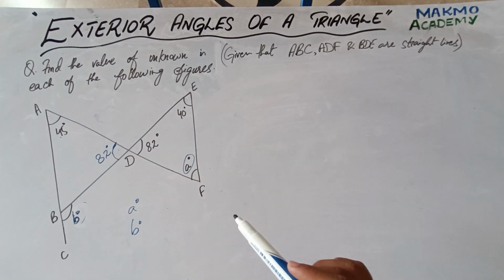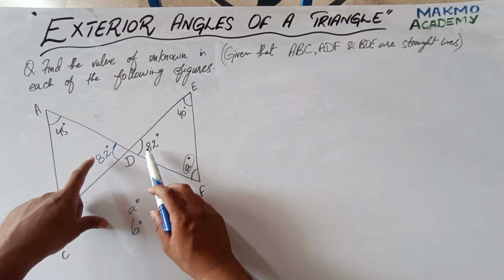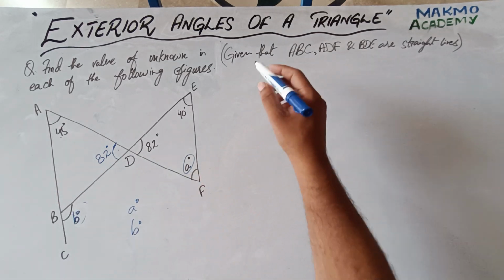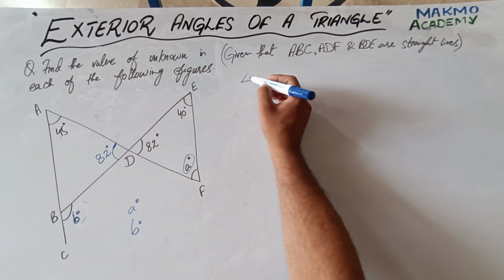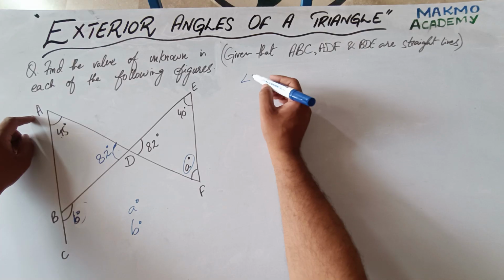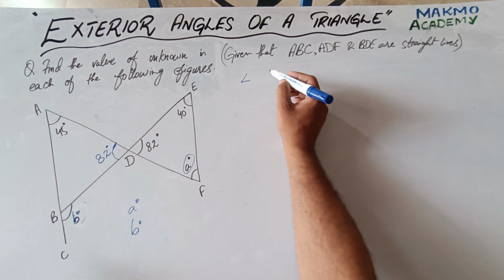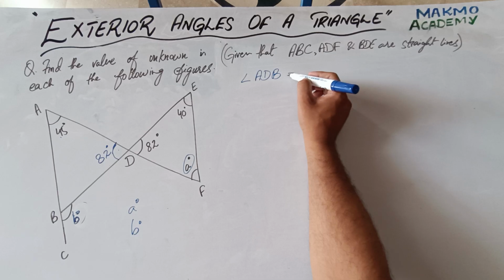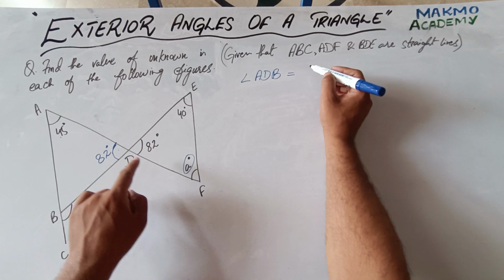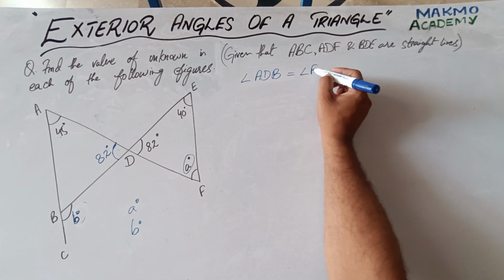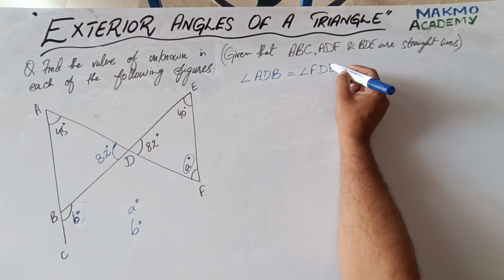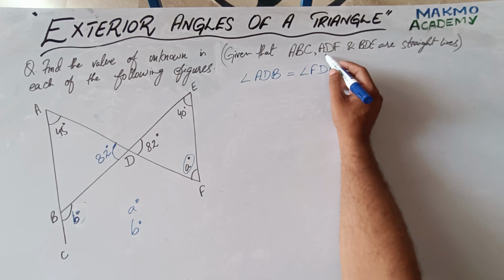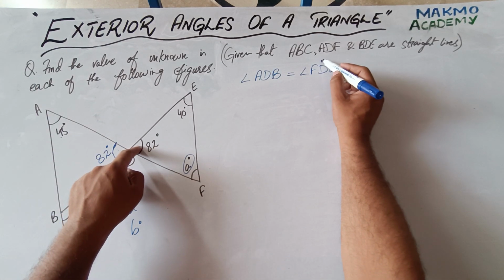Because when two straight lines intersect each other, the angles formed on the opposite sides are equal. So there is a way to write this angle: angle ADB is equal to angle FDE. As we have discussed, the angle which we are talking about should be in the middle.